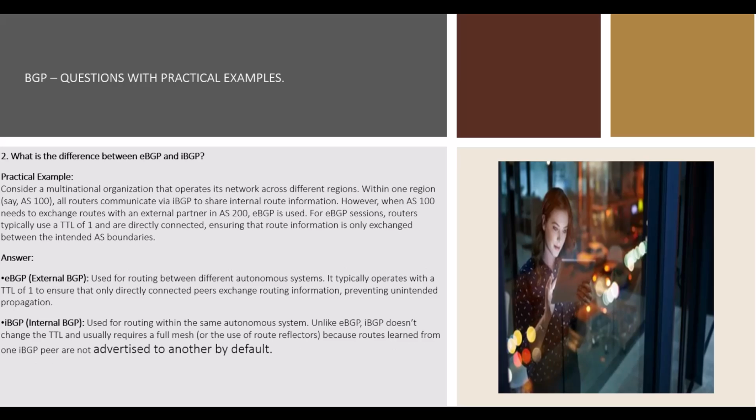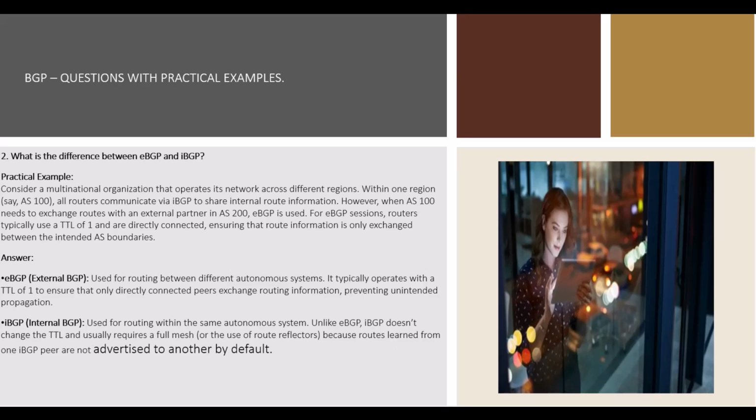However, when Autonomous System 100 needs to exchange routes with an external partner, let's say AS200, eBGP is used. For eBGP sessions, routers typically use TTL 1 and are directly connected, ensuring that route information is only exchanged between the intended AS boundaries.